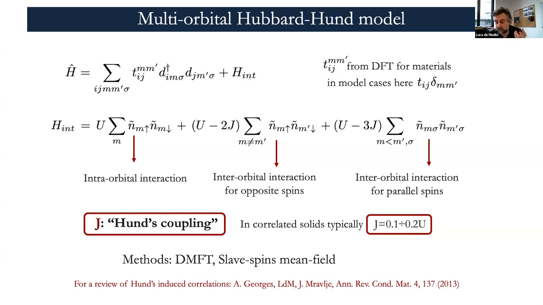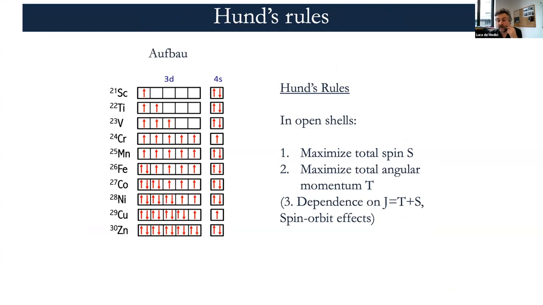So DMFT and slave-spin mean field, which is another embedding method equivalent to the Gutzwiller approximation or slave bosons, really bring this point of view of what the atom does in the creation of the metallic state. In particular, this Hamiltonian brings in the fact that high-spin configurations of electrons distributed on all possible orbitals are favored among these local configurations, and this is exactly what we know from chemistry and atomic physics as the Hund rules.